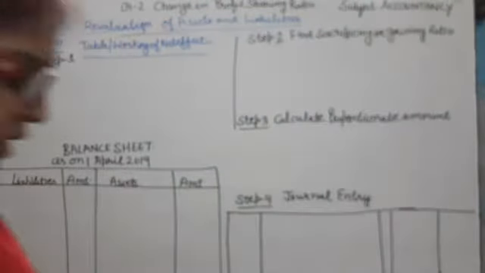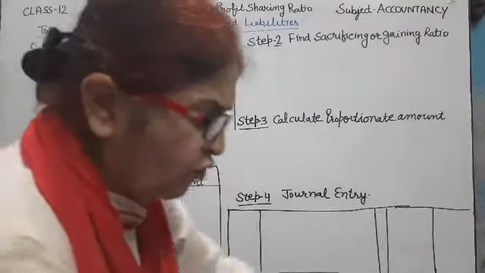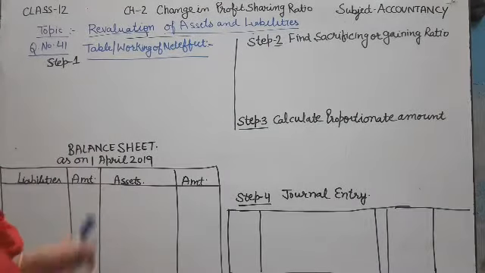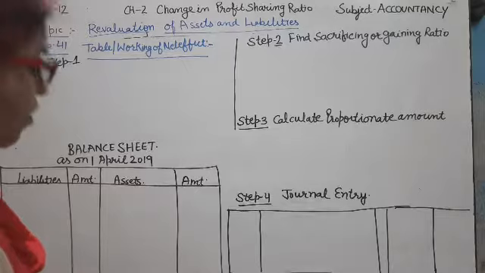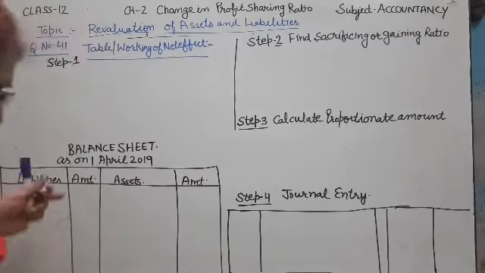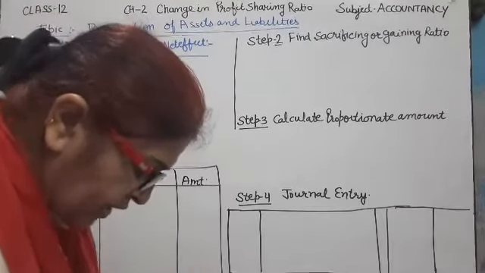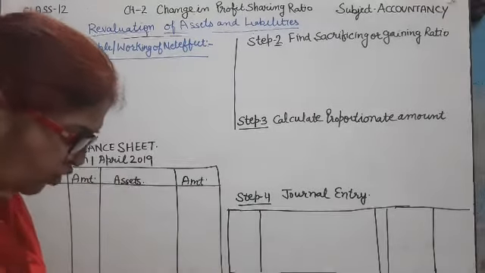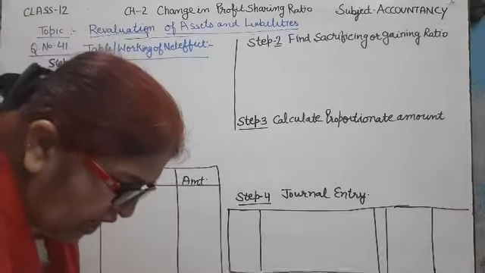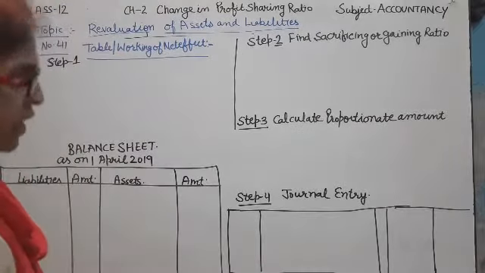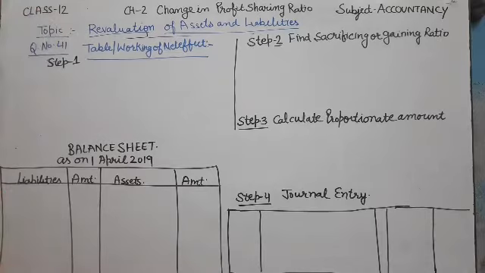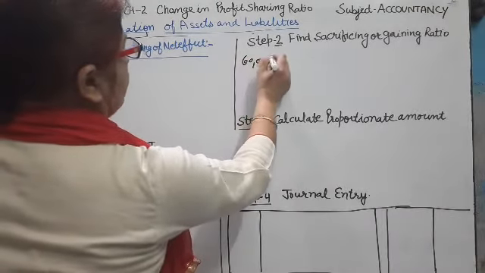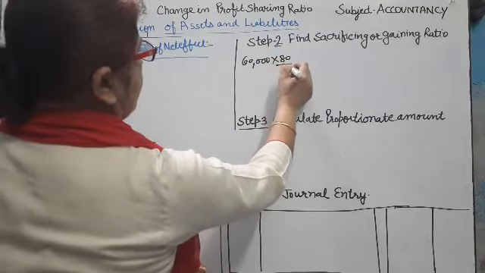So in this method, first of all, we prepare a table showing the net effect. We can say table or working note. First of all, the first adjustment is that furniture is to be taken at 80% of its value, and the furniture value is 60,000, and 80% of 60,000 is 60,000 multiplied by 80 by 100.